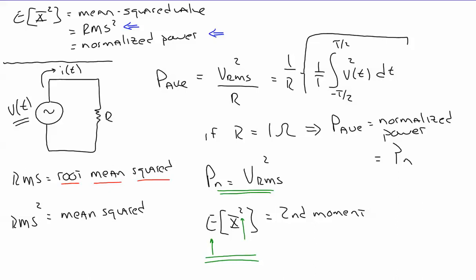If my random variable x represents a noise voltage or current, the mean squared value would be the power delivered to a 1 ohm load resistance. All right?